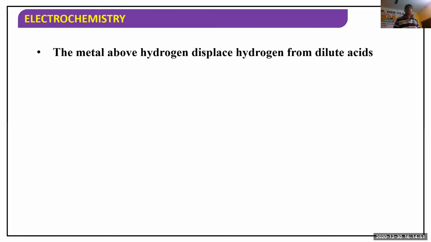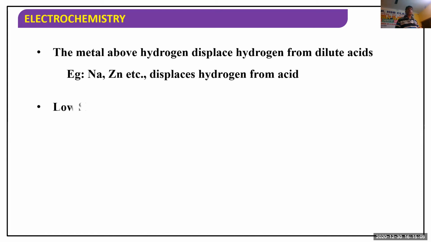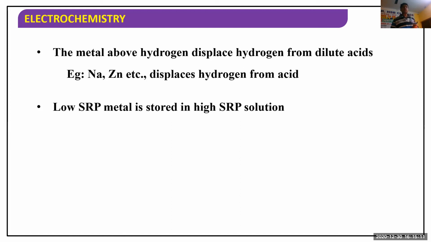Reduction potential of hydrogen is 0, but reduction potential of copper is positive, hence copper will be reduced first. So sodium, zinc, etc. can displace hydrogen from acid.